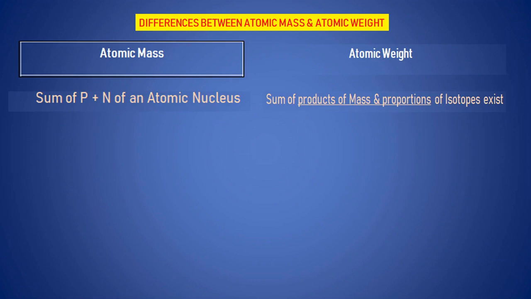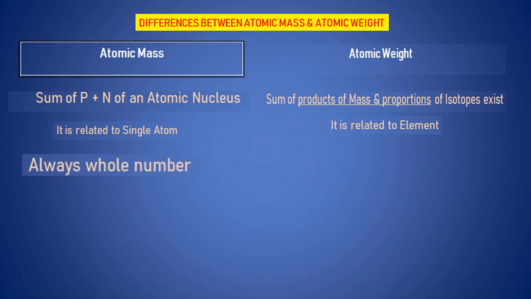Atomic mass is related to a single atom, whereas atomic weight is related to an element.